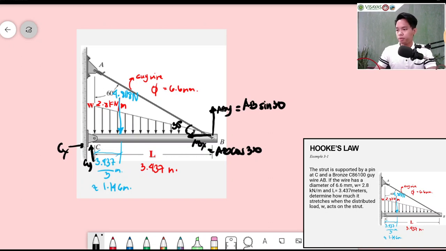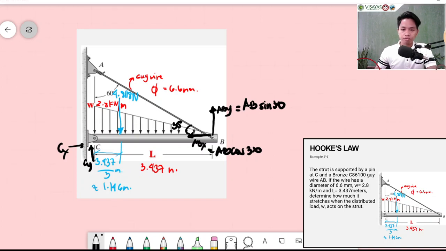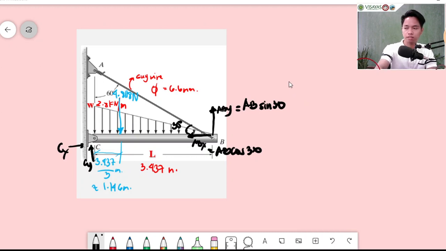We need to determine how much it stretches when the distributed load W acts on the strut. Anyway, let's proceed with the solution so it makes more sense. We need to find the force acting on this strut because our concern is its elongation. So that would be AB sine 30.